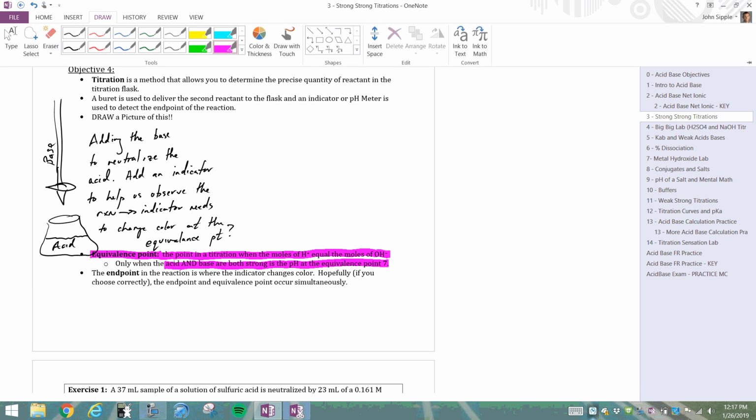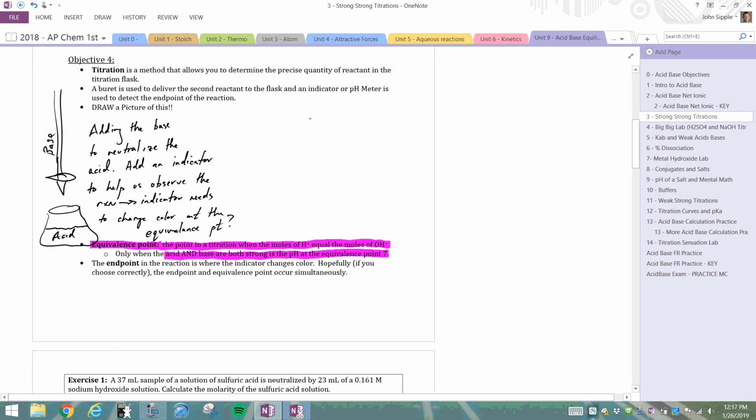The end point in the reaction is when the indicator changes color. So if we were to draw a titration curve for a strong acid-base titration, with a pH meter in our solution, we have pH on the y-axis and milliliters of base added on the x-axis.